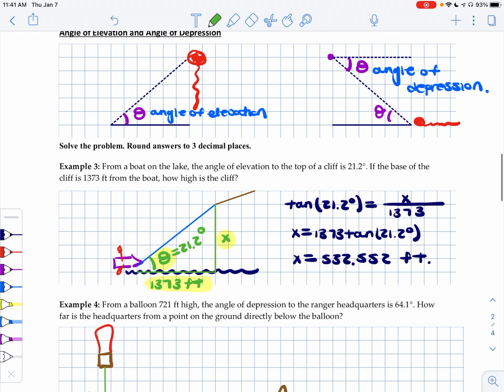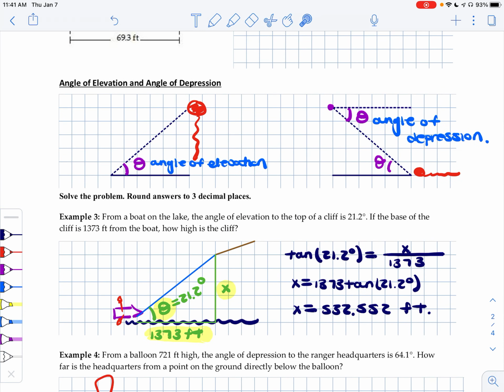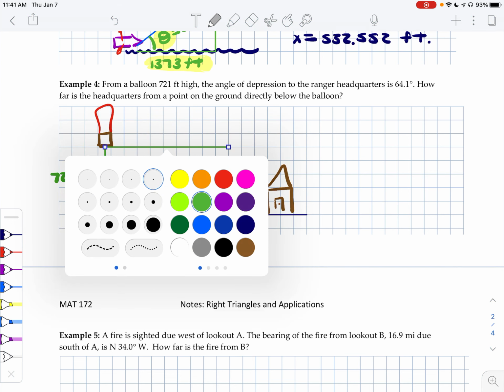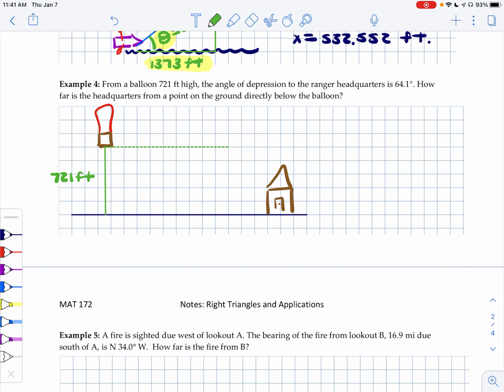So remember, angle of depression is the angle measured from the horizontal line of sight down to whatever you're looking at on the ground. So here I'm thinking, well, this would be my horizontal line, and we're looking down at our ranger station down here. So my angle of depression is this angle right here from the horizontal line down.